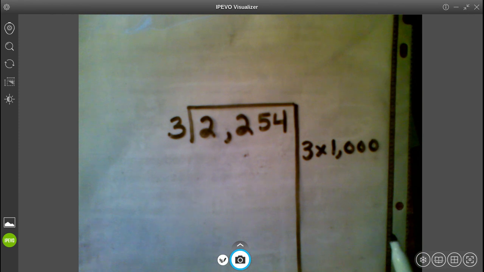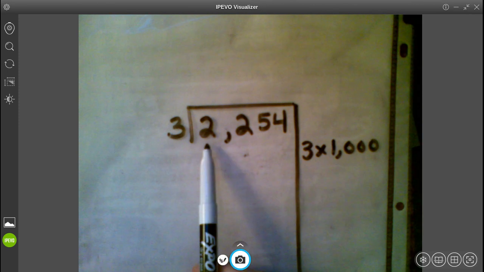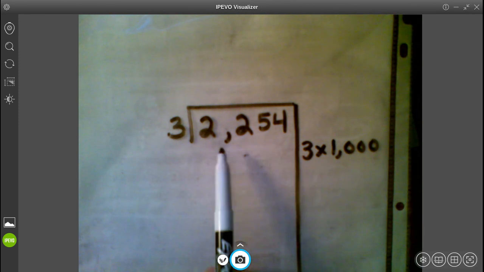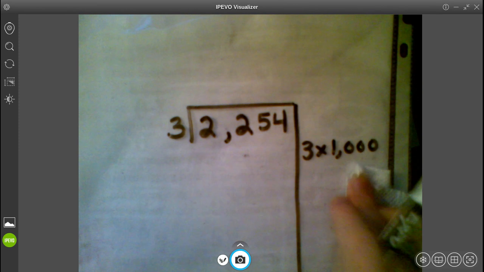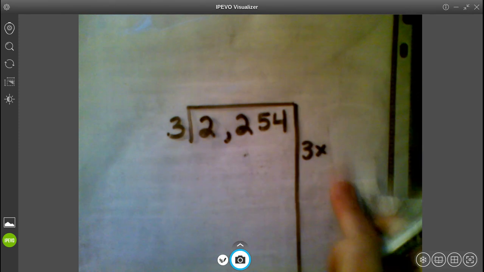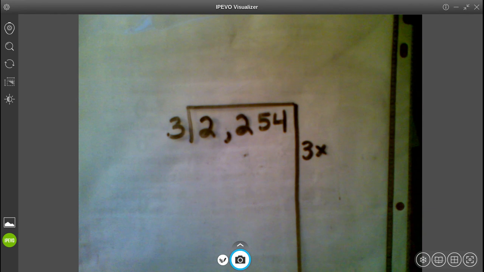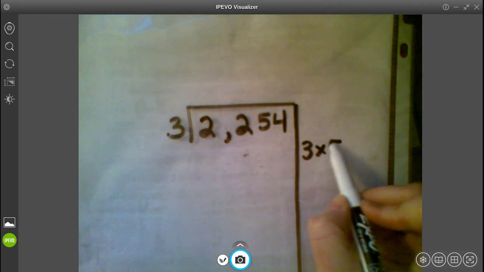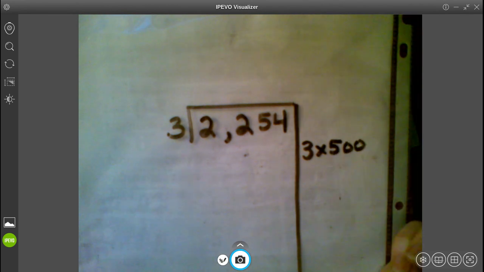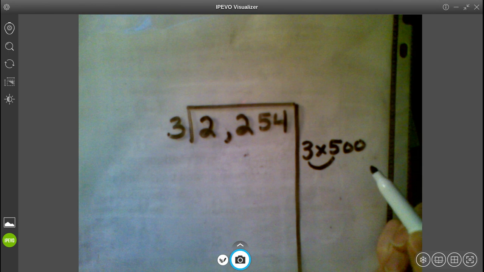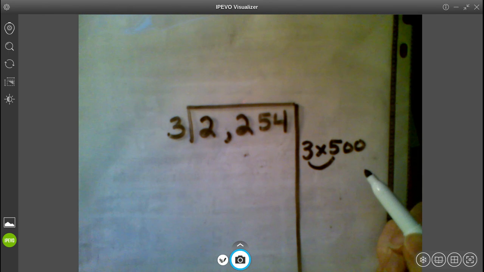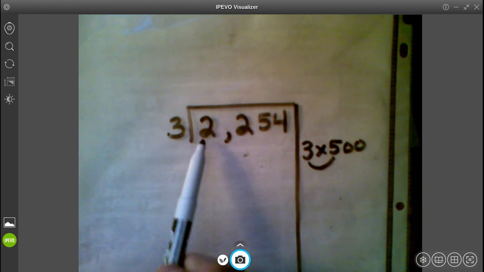Can we do that this time? We can't. 3 times 1,000 is 3,000, and that's larger than our dividend. So we have to use something less than 1,000. Let's try 500. 3 times 5 is 15. So 3 times 500 is 1,500.